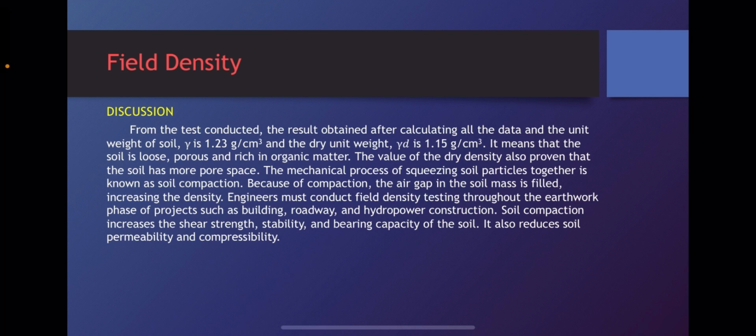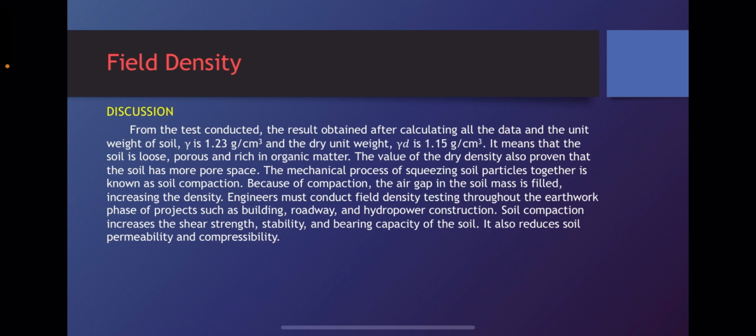It means that the soil is loose, porous, and rich in organic matter. The value of the dry density also proves that the soil has more pore space. The mechanical process of squeezing soil particles together is known as soil compaction. Because of compaction, the air gaps in the soil are filled, increasing the density.